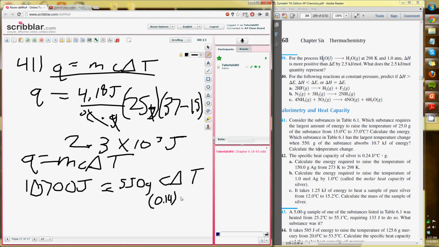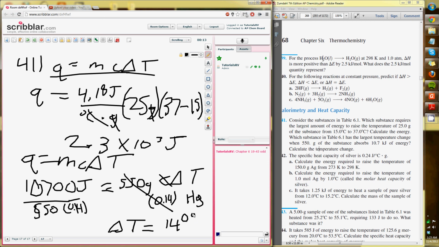And that substance, what was it again? It was Hg. Okay, cool. And then all you need to do is just divide this by 550 times 0.14, and then that's delta T. Delta T equals 140 degrees Celsius.